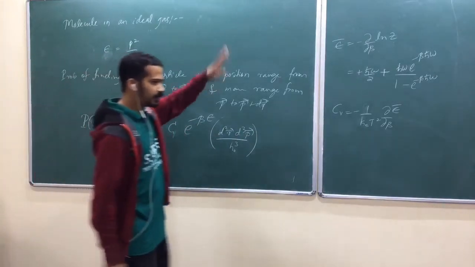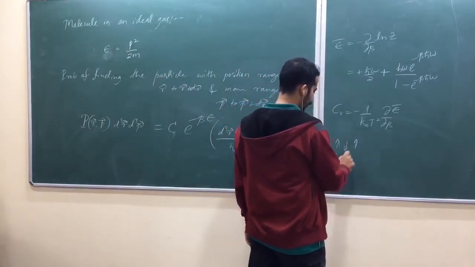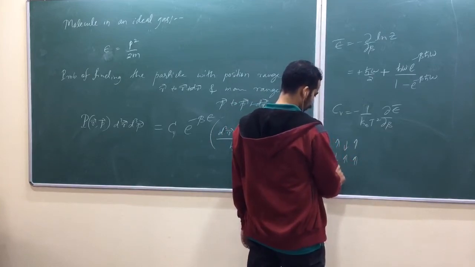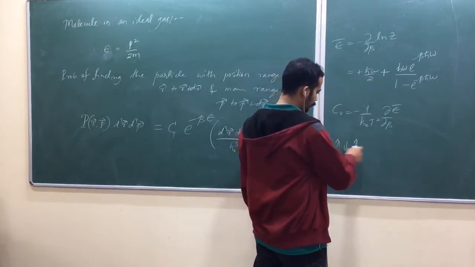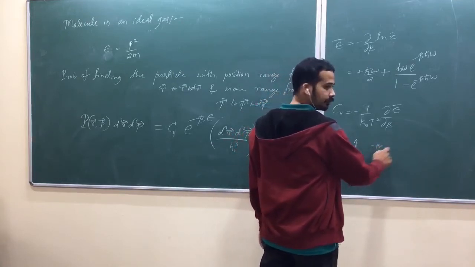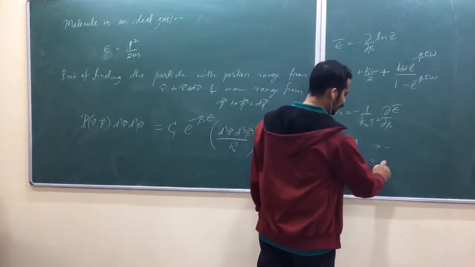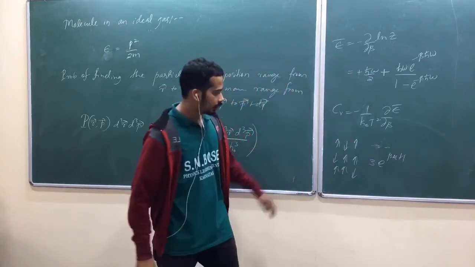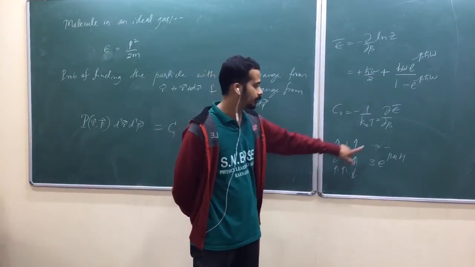Just like earlier, just before, I had spin up, spin down, spin up, spin down, spin up, spin up, spin up, spin up, spin down. Am I right? What are the energies for this one? Minus mu h, minus mu h, minus mu h. I have written 3 times e raised to beta mu h. Am I right? I got 3 different microstates corresponding to the same energy.